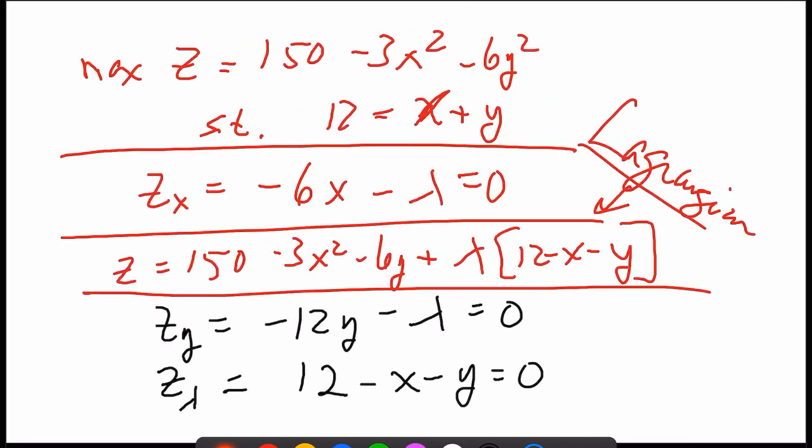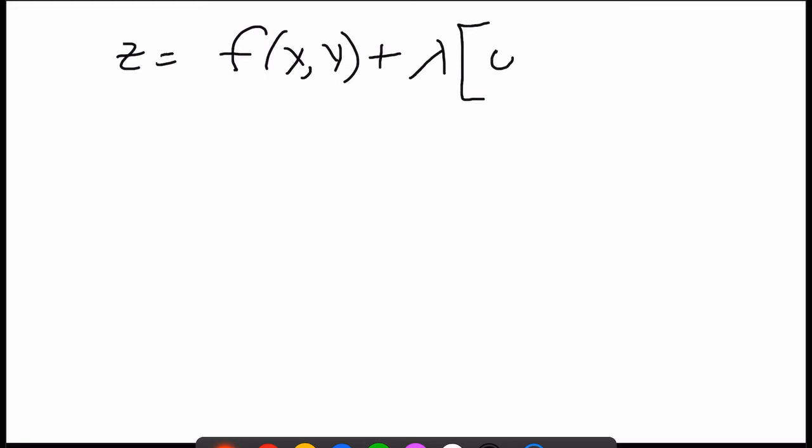So if we have a generic problem, Z is a function of x and y, plus lambda and our constraint, which is also a function g of x and y.